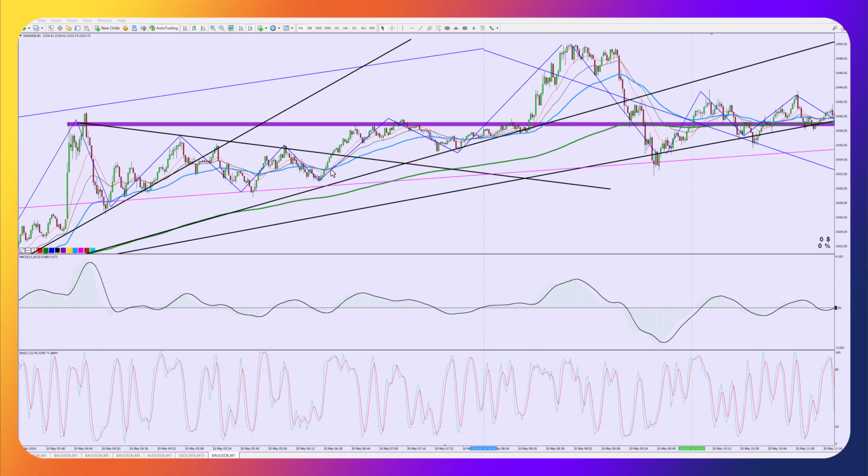So if I want to trade the first line, which is the top of the triangle, I'm going to wait for a pullback after the break. The first one is very important, which is here. The price breaks it and comes back.